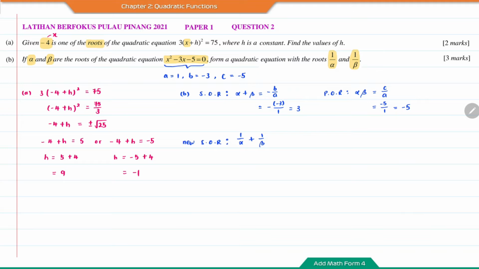As this is a fraction, if you want to combine it as a single fraction, we need to equalize the denominator. So here I'm going to multiply it with beta and here with alpha. So here you're going to have beta plus alpha over alpha beta.